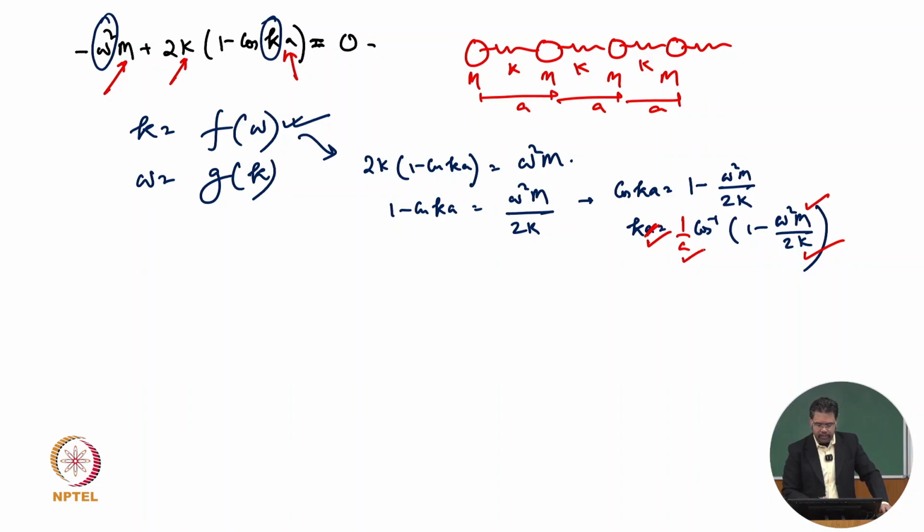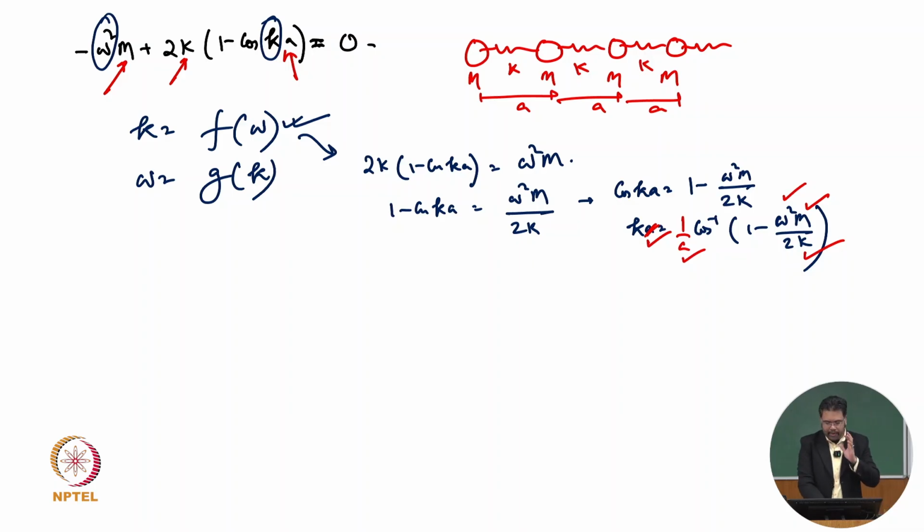So a is known to us. Omega we are giving, a particular frequency, so omega is also known to me. So the full right hand side is known to me. Can I calculate what kappa is? Yes, perfect. I can get the value of kappa.